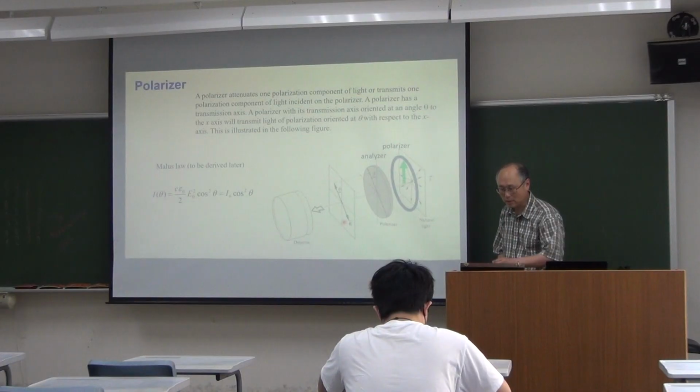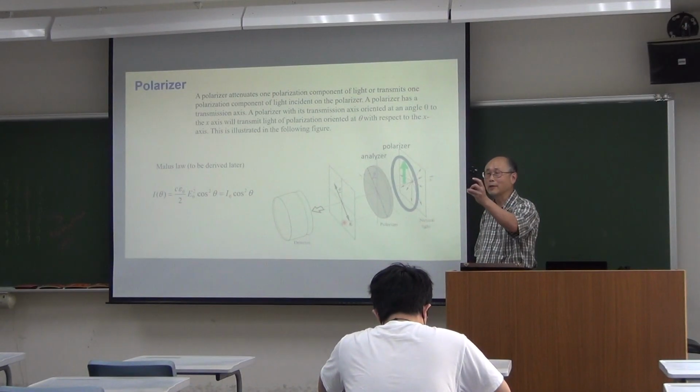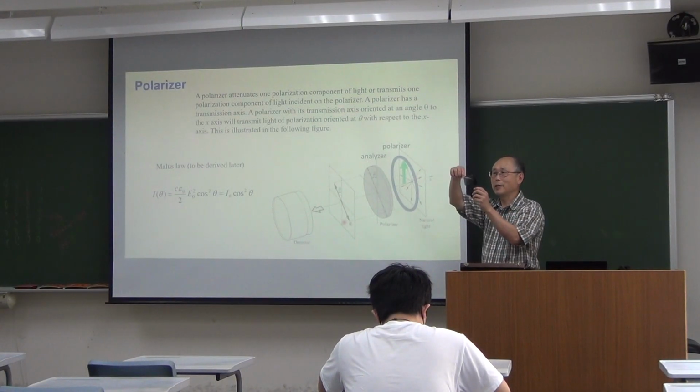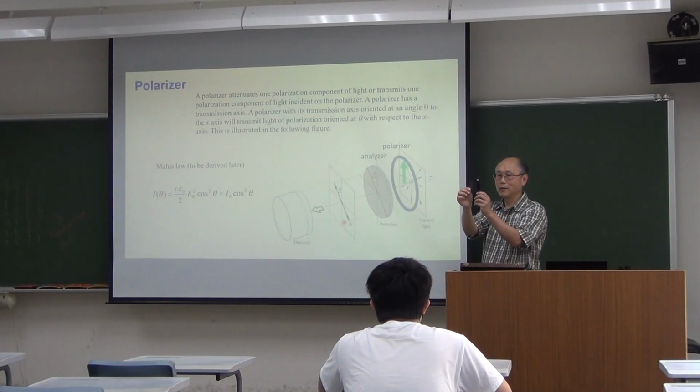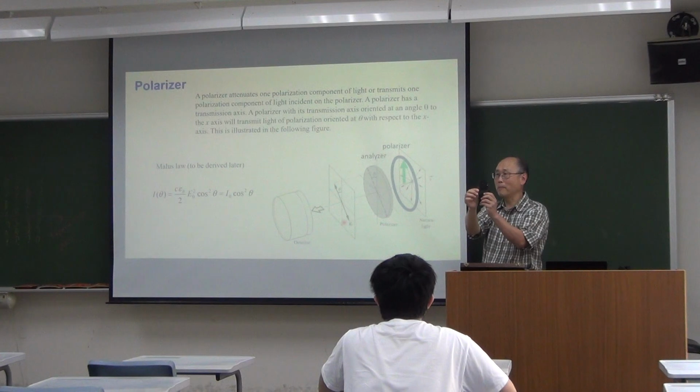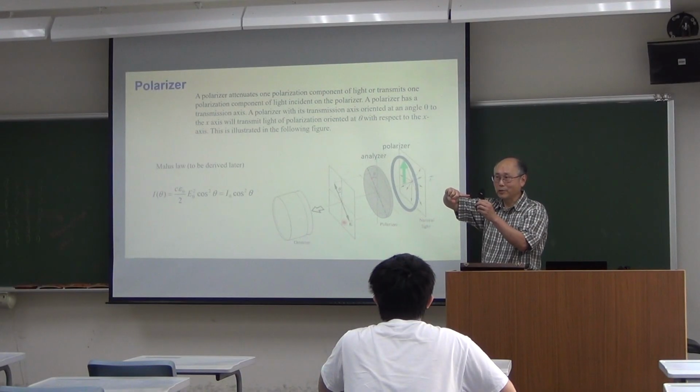Okay, so this is similar to that. If I have the polarizer like this, and then I rotate this to 90 degrees, you see nothing. You just see all black, all darkness, because the polarization direction of the light and the transmission axis of the polarizer are perpendicular to each other.